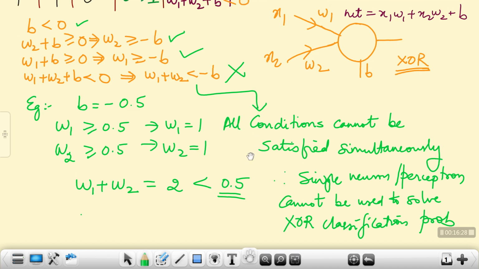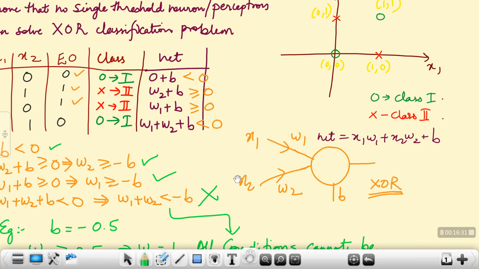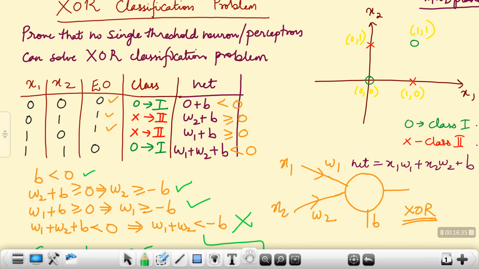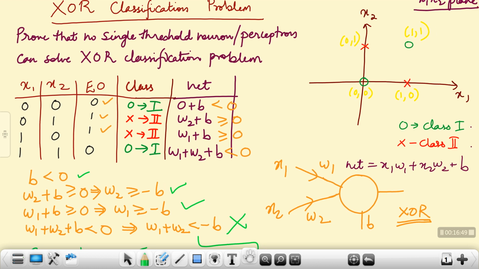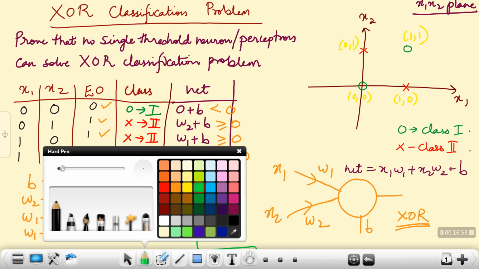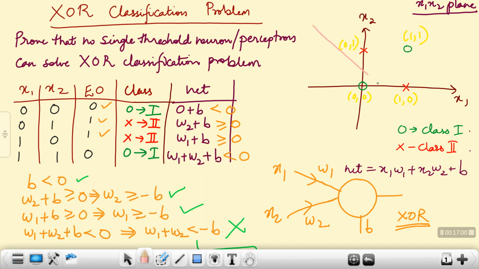I will just illustrate one more thing to you all with the help of a diagram. Say this is a single neuron which is considered here, and whatever weights we have considered, say W1 and W2. Let me draw a line here, and I will use a different color.